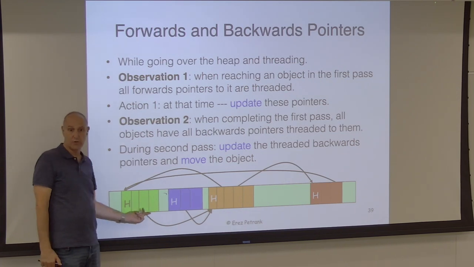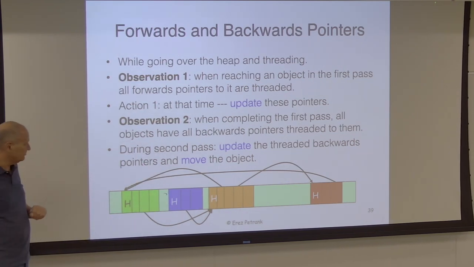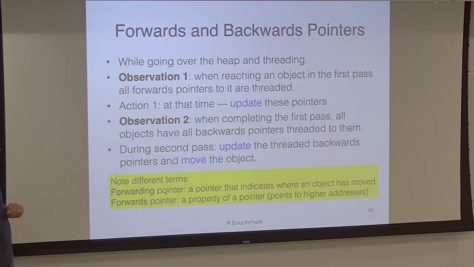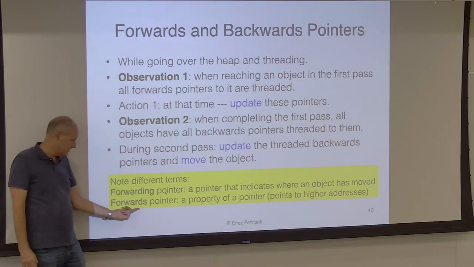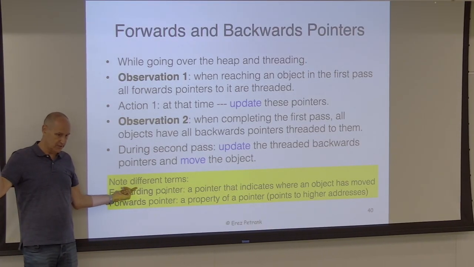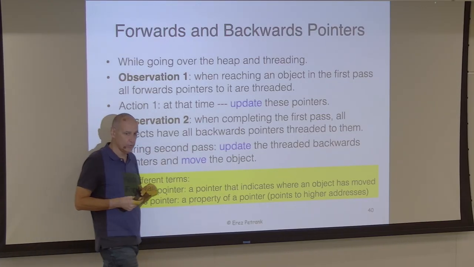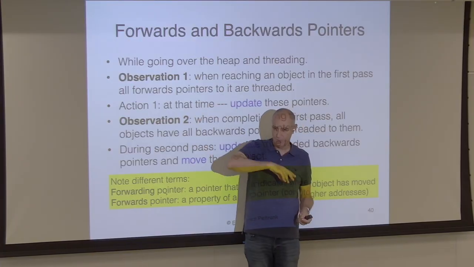I will have to show you at the end. But I want the algorithm to be clear. And one thing that I want you to notice, there's a forwards pointer and a forwarding pointer. In the previous algorithms, I talked about forwarding pointers, which are pointers left to show where an object moved.